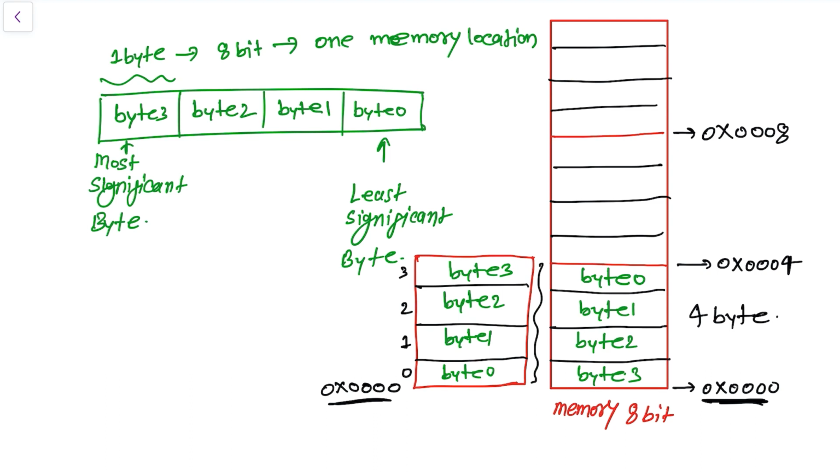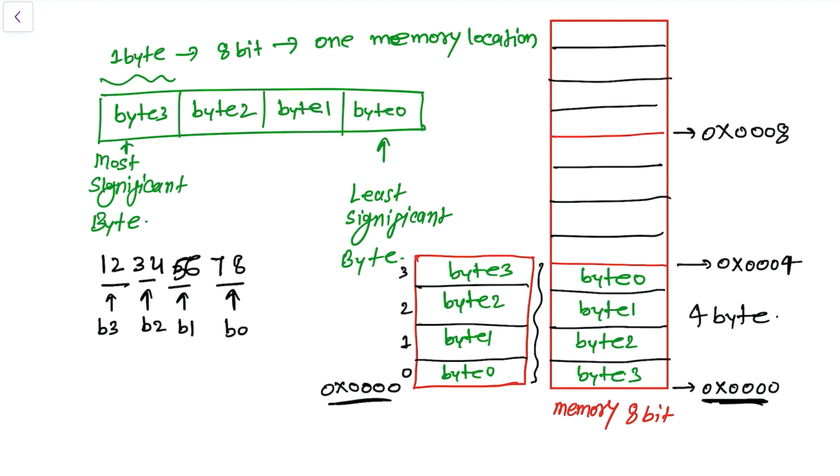So let's say I am going to store the data 1 2 3 4 5 6 7 8. So the data is 1 2, 3 4, 5 6 and 7 8. Let's say these are the bytes: this is byte 3, this is byte 2, this is byte 1, and this is byte 0.